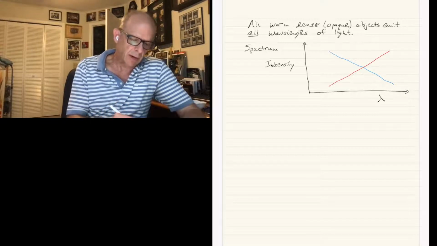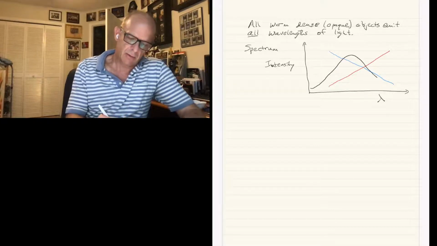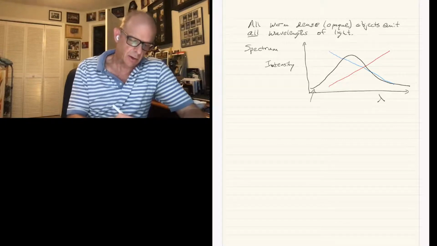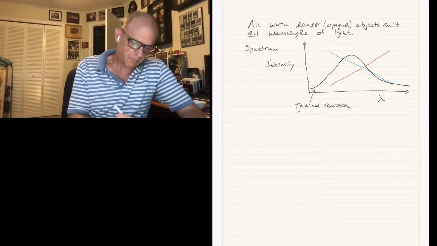All warm objects, warm dense objects, emit light at all wavelengths, and very schematically it looks something like this curve, which we call a thermal emission spectrum.